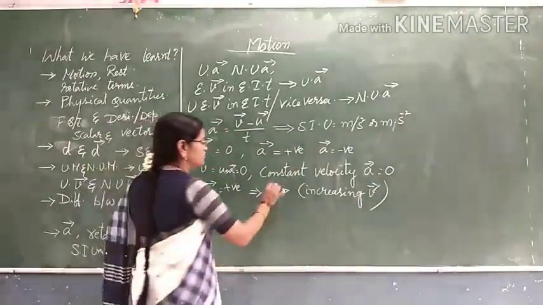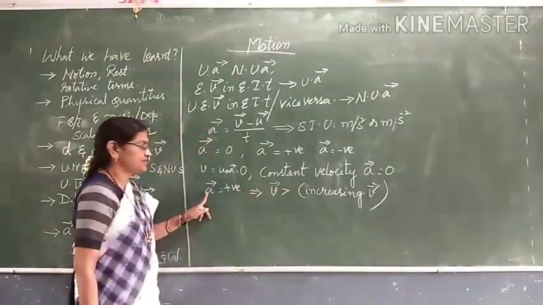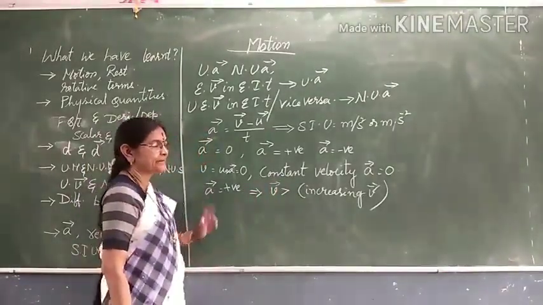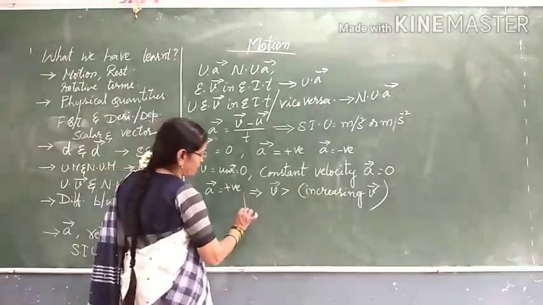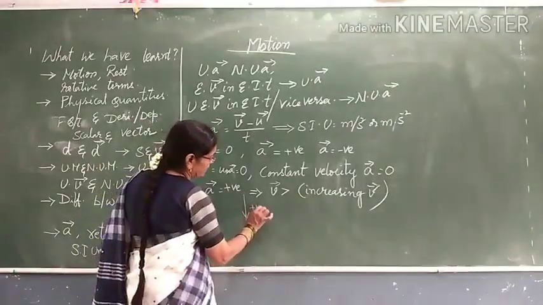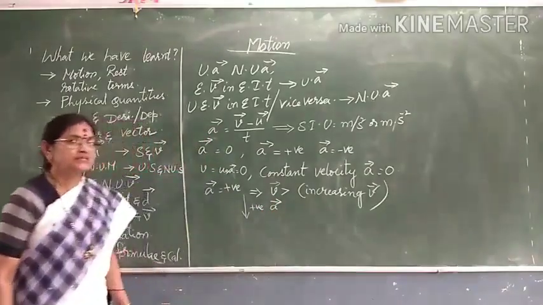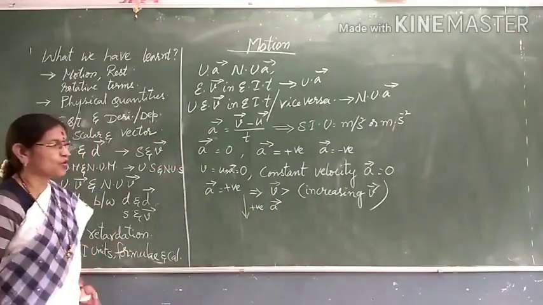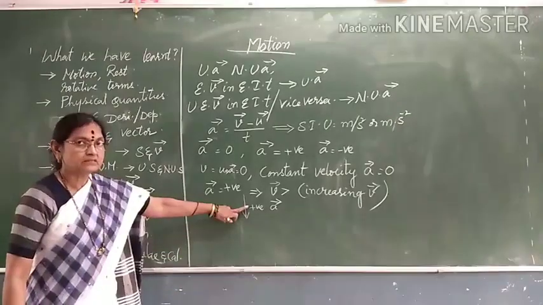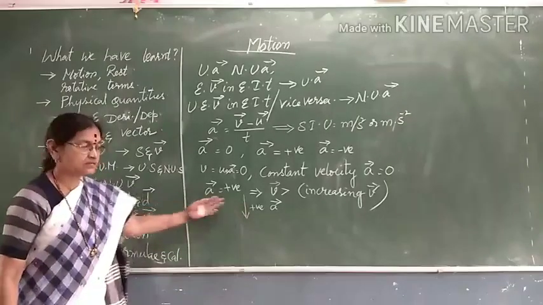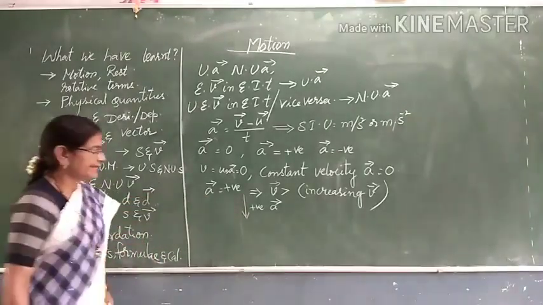When velocity goes on increasing, acceleration will be positive. For example, a freely falling body has positive acceleration. In the same way, a boy cycling down a slope has positive acceleration. Slope means the velocity goes on increasing.